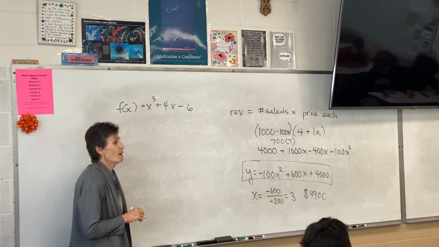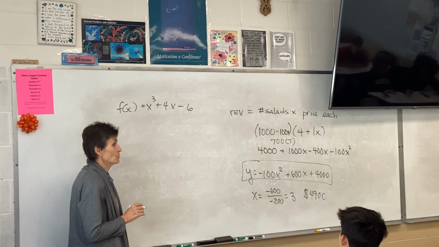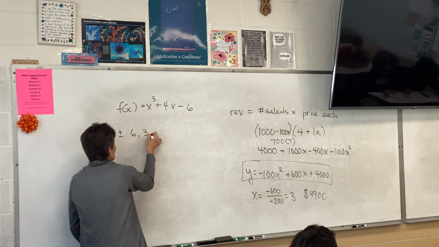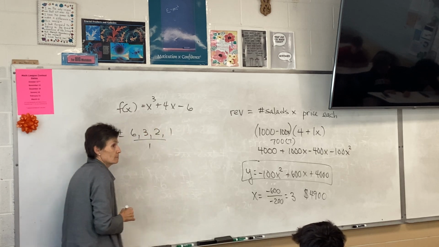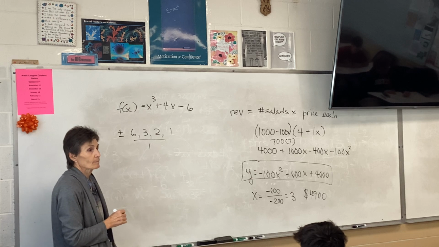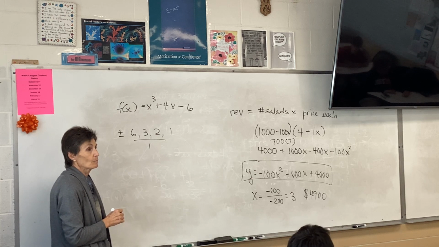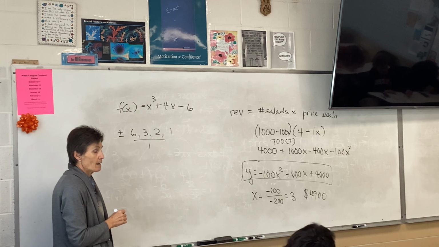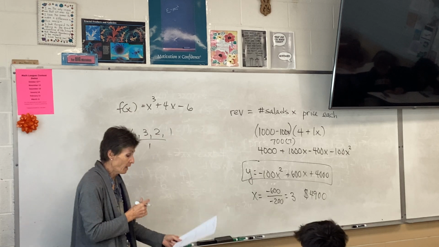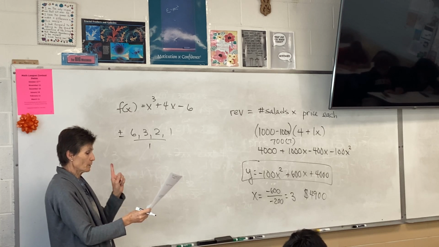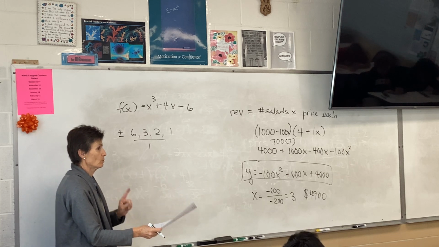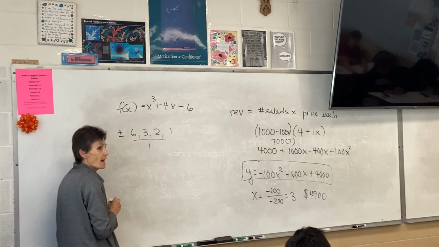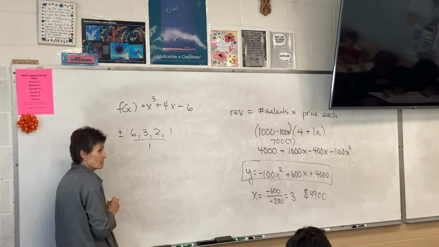What are the possible rational roots? 6, 3, 2, and 1 over 1? Right? The question implies that there's only one positive real root. So in other words, there's only one of these numbers that works, okay?